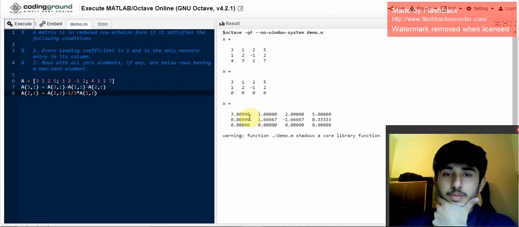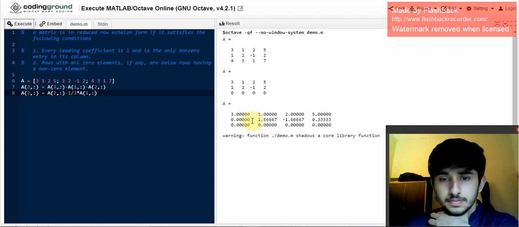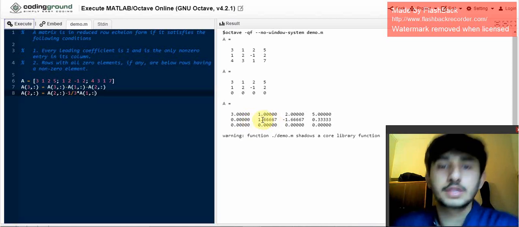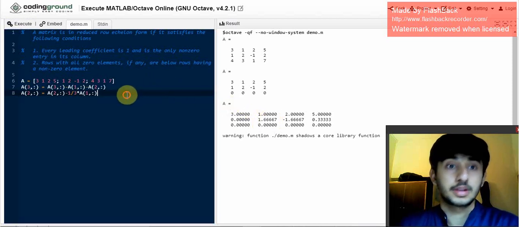So next step, what would be a good step to do at this stage? Alright, let's convert this to a 1 so that we get a leading 1 entry. Of course, I should have thought of that earlier.